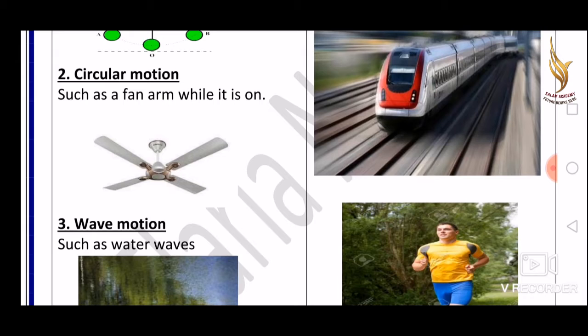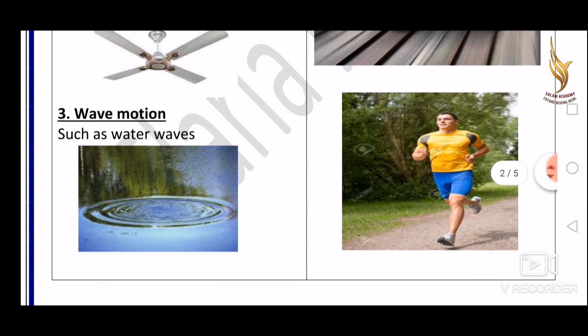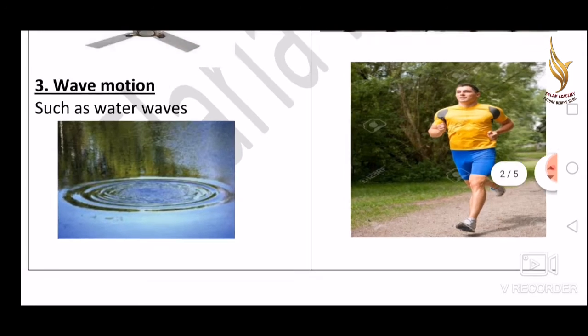It is repeated in equal periods of time. Also, the movement of the moon around the earth is considered circular motion because it is repeated in equal periods of time. Okay? And also wave motion, such as water waves.